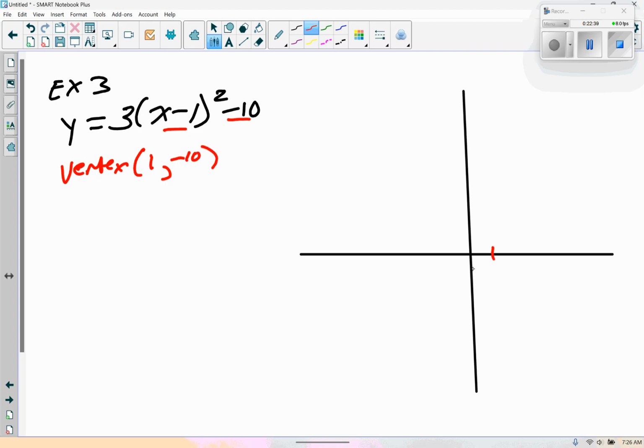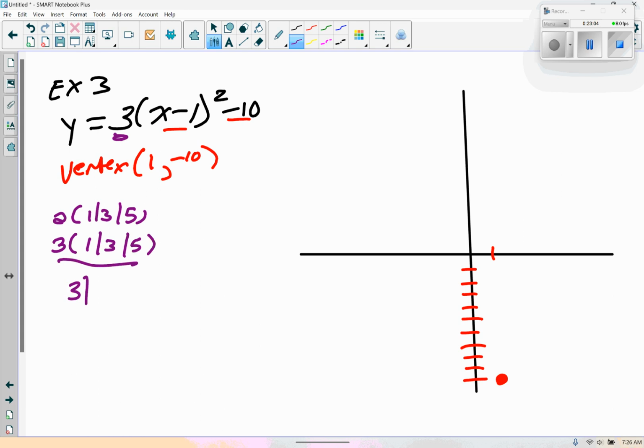So 1, -10. Okay, so let's pattern graph this first. So notice we have a 3 out front. So it's usually a times 1, 3, 5. Well, that's a 3, so I'm going to go 3 times 1, 3, 5, which means this is going to change to 3, 9, 15.